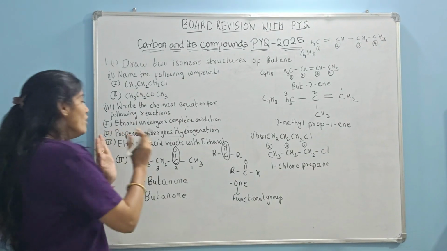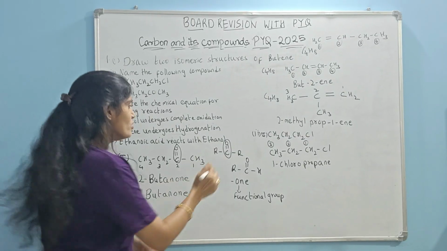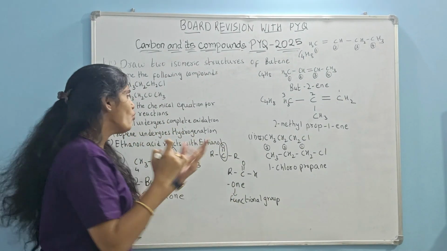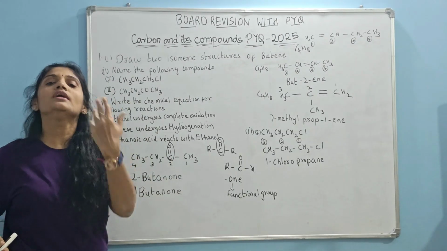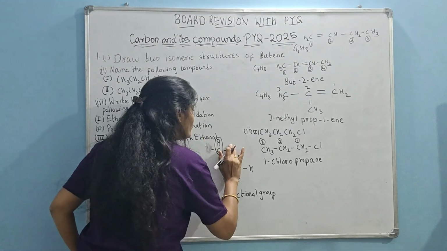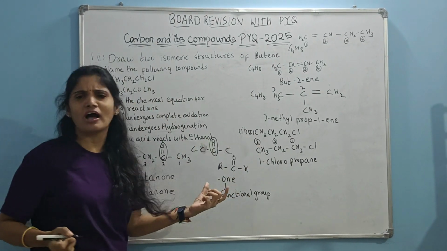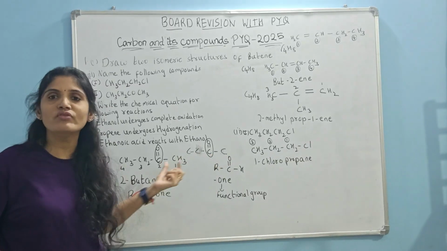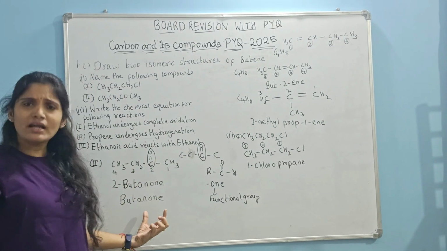Why? Because definitely there should be 2 alkyl groups on both sides, and you should definitely have the carbonyl group. Now what is a possible arrangement? In the carbonyl group I have 1 carbon. For the other 3 carbons, what is the possible arrangement? This side I have to put 2 carbons, this side I have to put 1 carbon. The only possible arrangement of these 3 carbons is like this. So when I say butanone, it is very clearly understood.